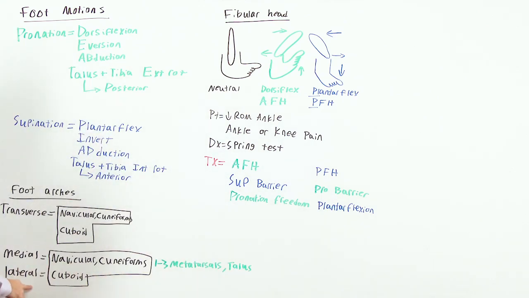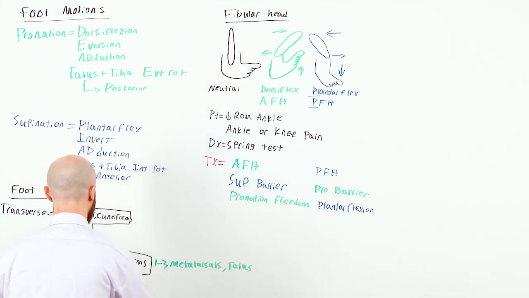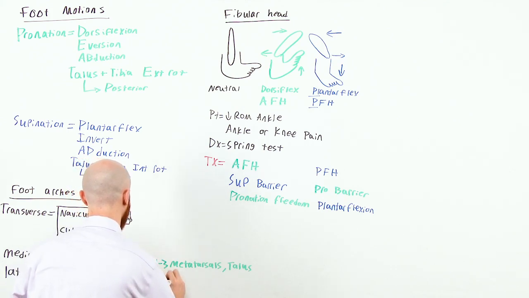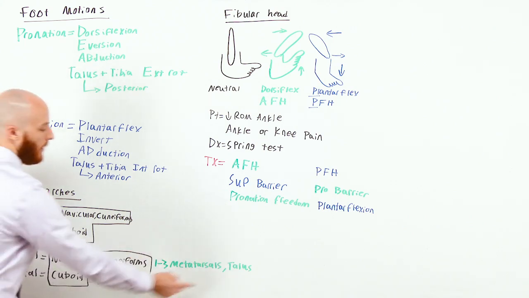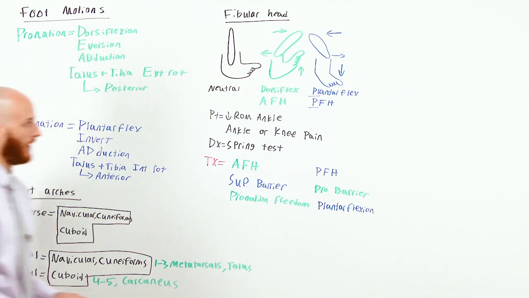While the lateral arch is going to have metatarsals 4 through 5 and the calcaneus. So going over it again, transverse arch, the entire Tetris piece. Medial and lateral arches share the Tetris piece, while they both have some extra metatarsals and 1 extra bone of the foot. So now we're going to finish the lecture with some counterstrain.